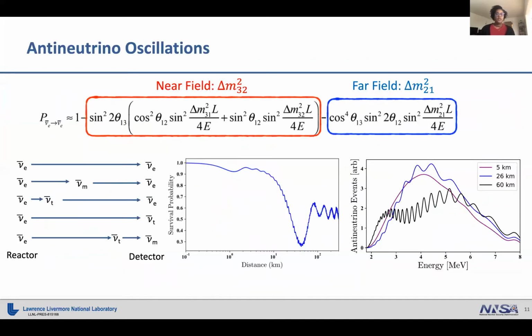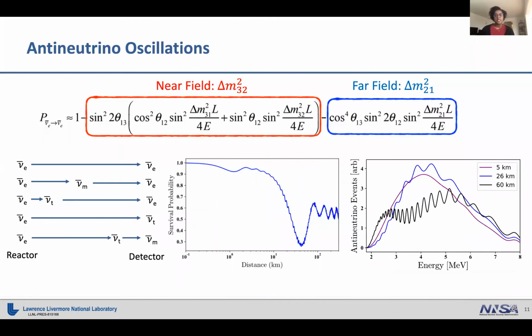And then one other thing that's important to understand about antineutrinos is that they oscillate. What I mean by that is, if you start off with an electron type antineutrino, over some distance, you won't have all of those electron type antineutrinos. They will turn into other flavors of antineutrinos that you can't necessarily see in your detector.